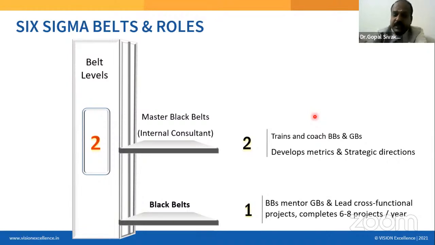We have set a clear roadmap. Whoever joins hands with us, goes through the modules, goes through the belt levels and comes up to the master black belt, they will be absorbed by us in our team to work on our training and consulting projects, and then they will be paid for their contribution in our ongoing projects.